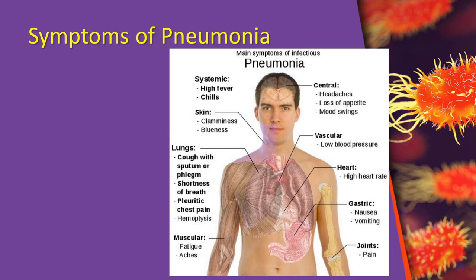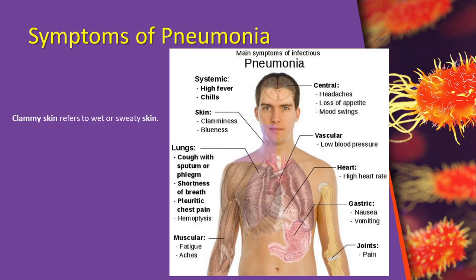It infects almost all the organs of the body. It causes a general systemic infection which causes high fever and chills. Then it causes clamminess of skin, which refers to wet or sweaty skin. Then blueness of skin will also develop.